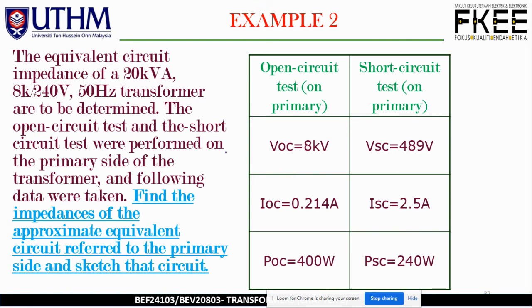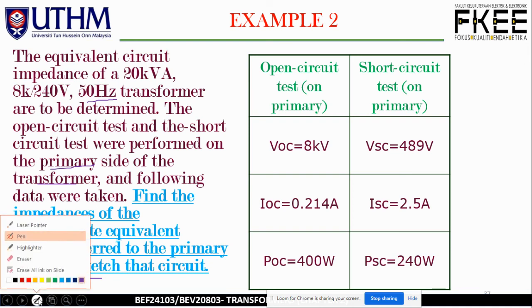So example number 2. The equivalent circuit impedance of a 20 kVA, 10 kV to 240 volt, 50 hertz transformer is to be determined. The open circuit test and the short circuit test were performed on the primary side of the transformer, and the following data were taken. Find the impedance of the approximate equivalent circuit referred to primary side and sketch that circuit.